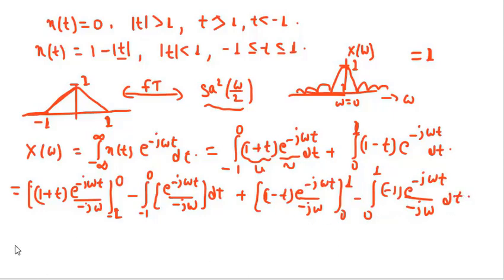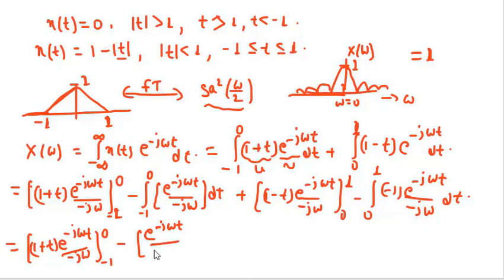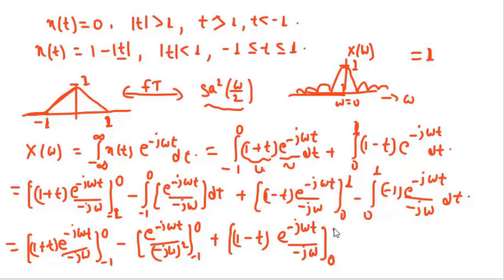Further you can solve these integrals, and you will get 1 plus t, e to the power minus j omega t divided by minus j omega, from minus 1 to 0, minus e to the power minus j omega t divided by minus j omega whole square, from minus 1 to 0, plus 1 minus t, e to the power minus j omega t divided by minus j omega, from 0 to 1, plus e to the power minus j omega t divided by minus j omega whole square, from 0 to 1.